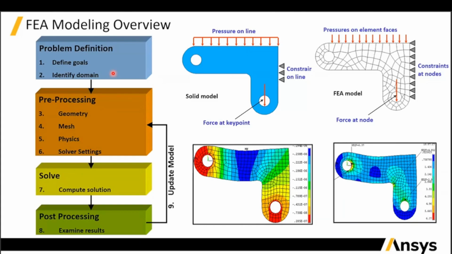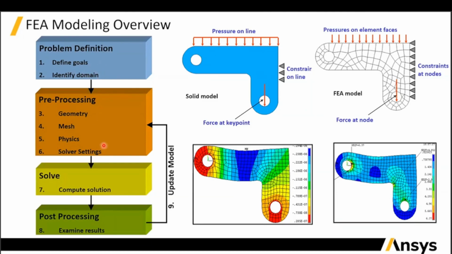My goal is temperature, so the domain would be thermal. Depending upon the output, you have to identify the domain of your simulation. So this is the first very important step of problem identification.